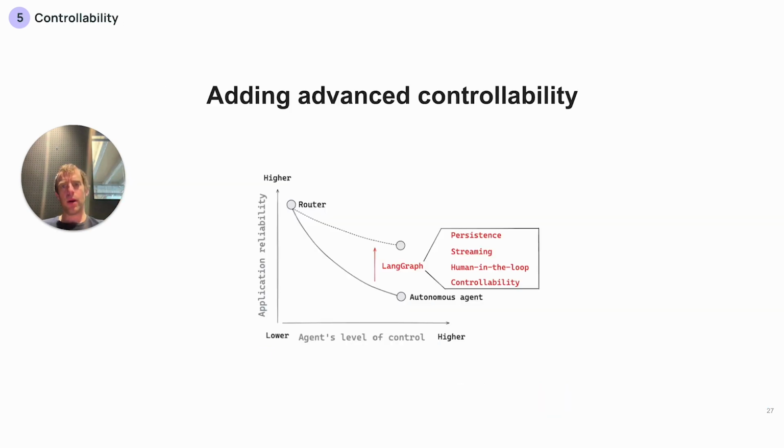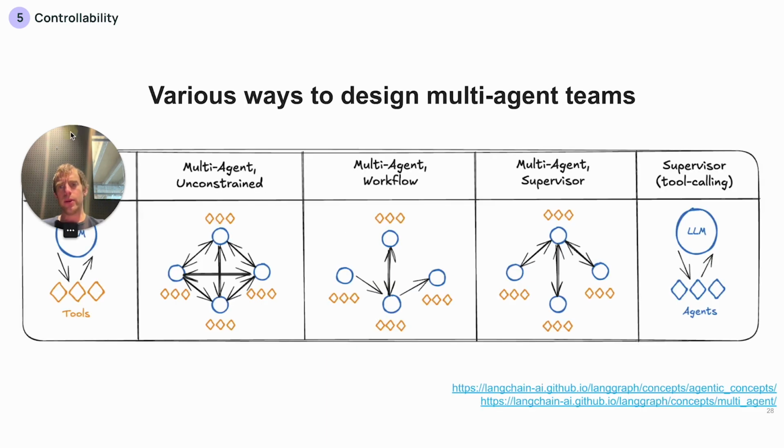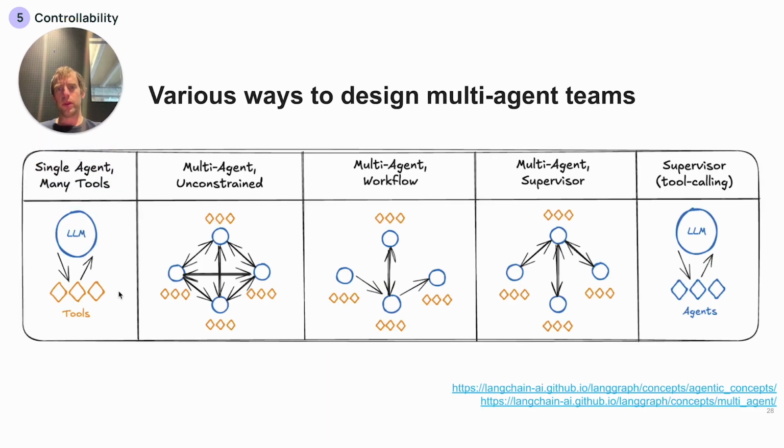Now I want to talk a little bit about advanced controllability. LangGraph has support for building many types of multi-agent applications. That's one of the most common use cases for advanced controllability. People want the ability to spawn multi-agent teams to accomplish tasks. And here are some of the common workflows or design patterns we've seen.